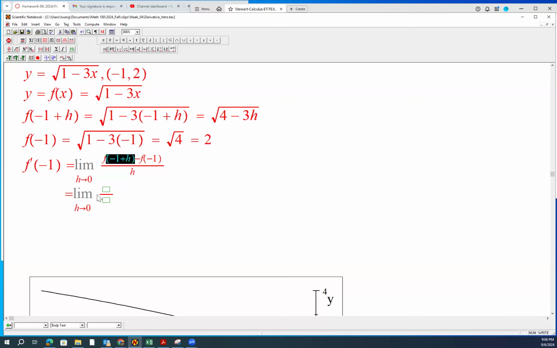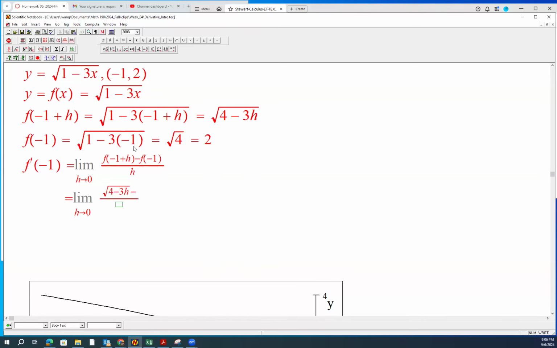So this piece can be replaced by that radical, minus f of -1, which equals 2. So this is 2, divided by h.